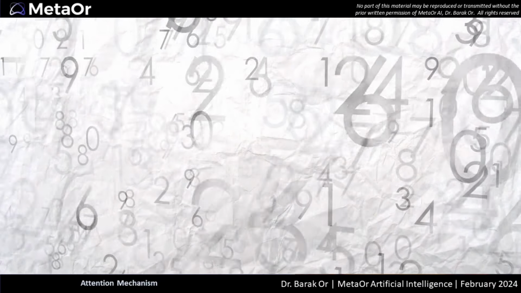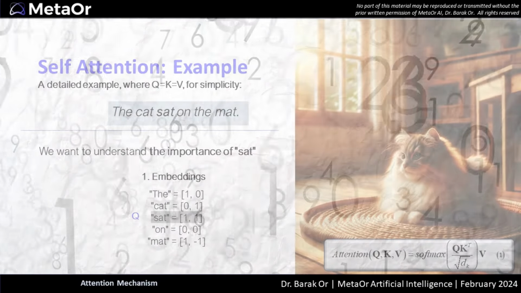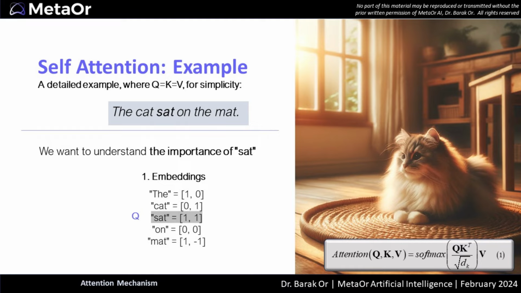Let's put some numbers and calculate the attention for our example. First, we have embeddings for a small vocabulary consisting only of the words in our sentence. Each one is represented by a different 2D vector. As we focus on the word "sat," Q for "sat" is given by the vector [1, 1], focusing on action-related context.